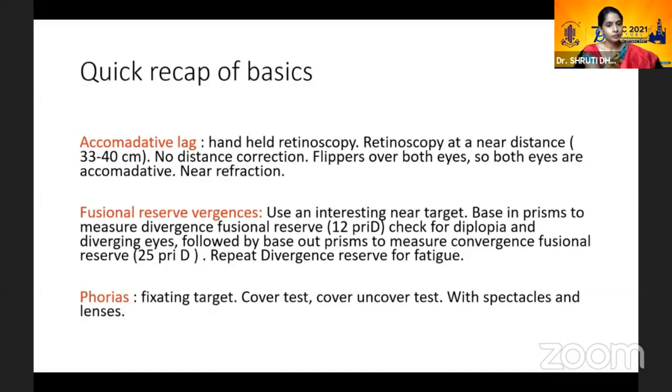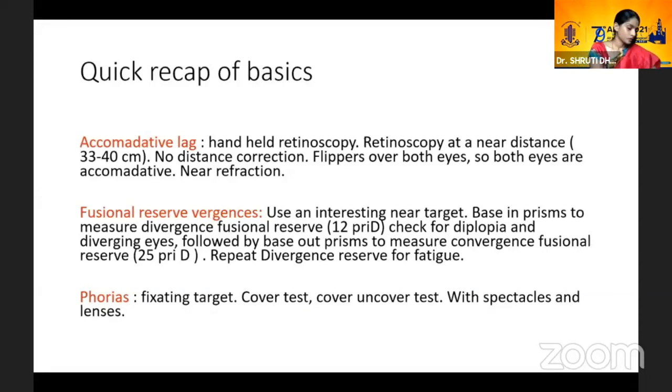Use an interesting near target. First, use base-in prisms to measure the divergence fusional reserve, which is generally 12 prism diopters, and check for diplopia or diverging eyes. Follow it up with base-out prisms to measure convergence fusional reserve, which is generally 25 prism diopters. After this, repeat the divergence reserve again to measure accommodative fatigue.